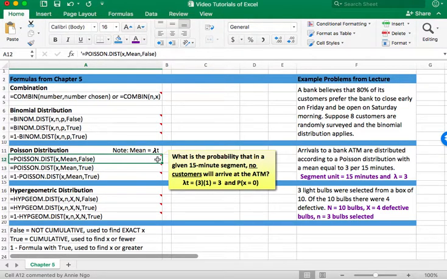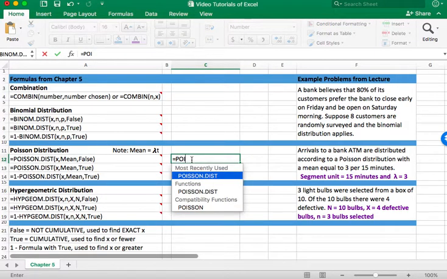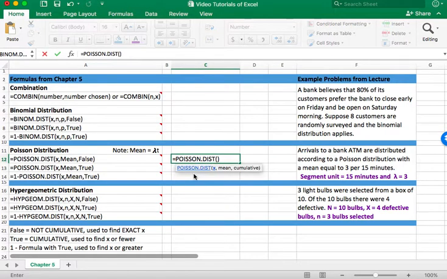So let's go ahead and plug in our formula. Equal Poisson, and Excel will try to pre-populate or guess what they think you want. In this case, it's correct, so just make sure. Otherwise, you can just type it in. Our x in this case was 0. Our mean was 3. And we do not want it to be cumulative, so we'll type in the word false.